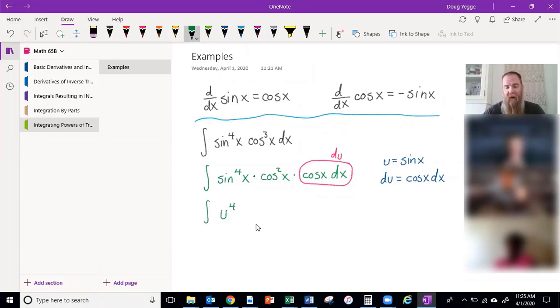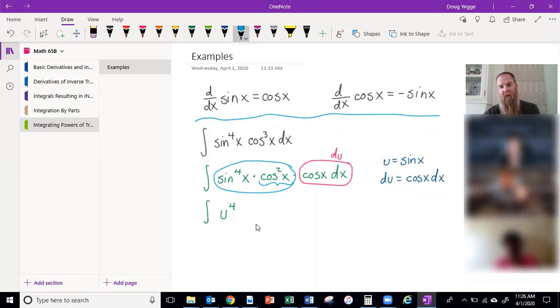That's easy to integrate. The problem is that I still see this cosine squared x. However, if I was able to convert this entire part of the integral to one trig function, just a sine of x, then I should be able to integrate it pretty easily.